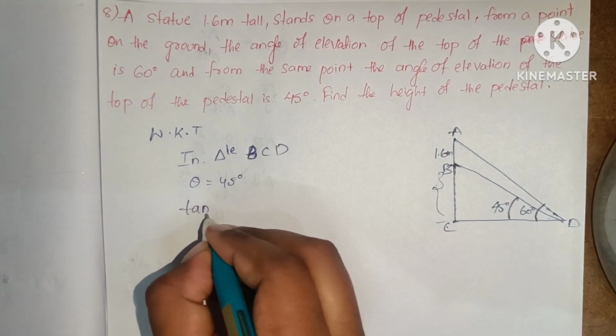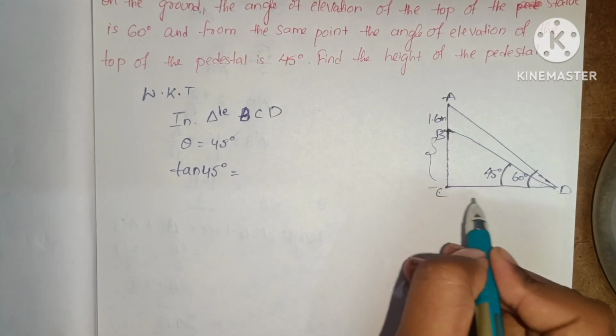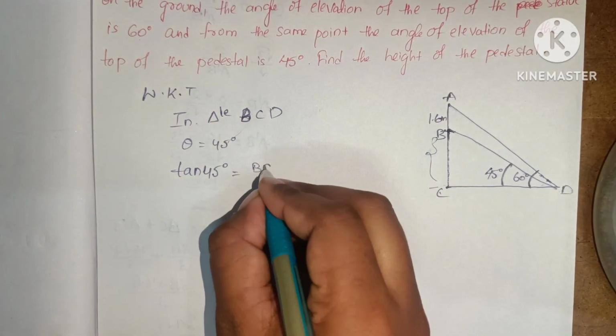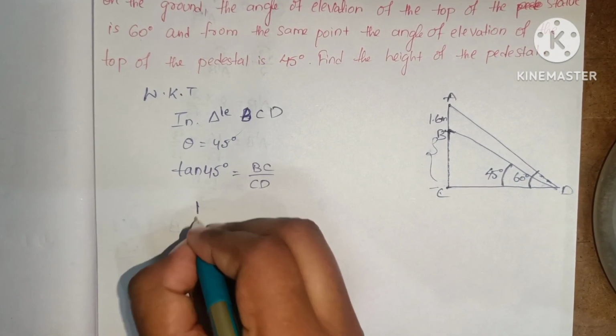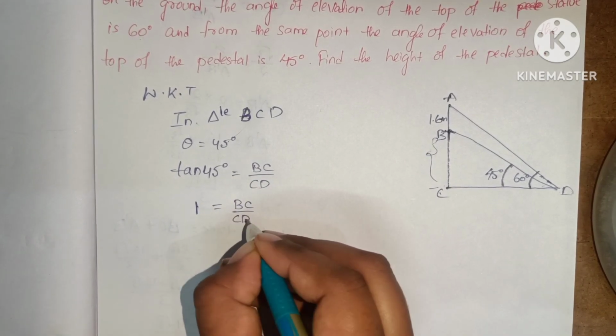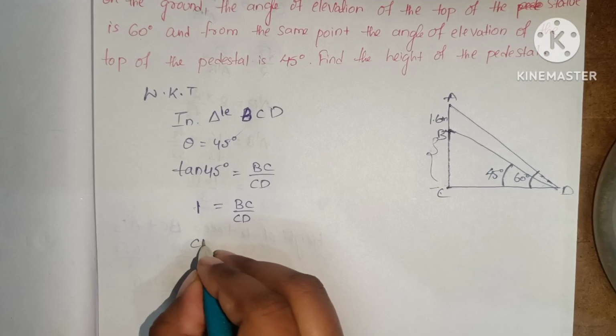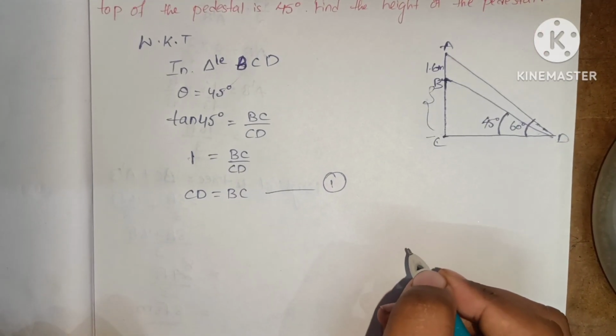So tan 45 degrees equal to BC by CD. Tan 45 value is 1, equal to BC by CD. Now transpose this to this side: CD equal to BC. Keep it as equation 1.